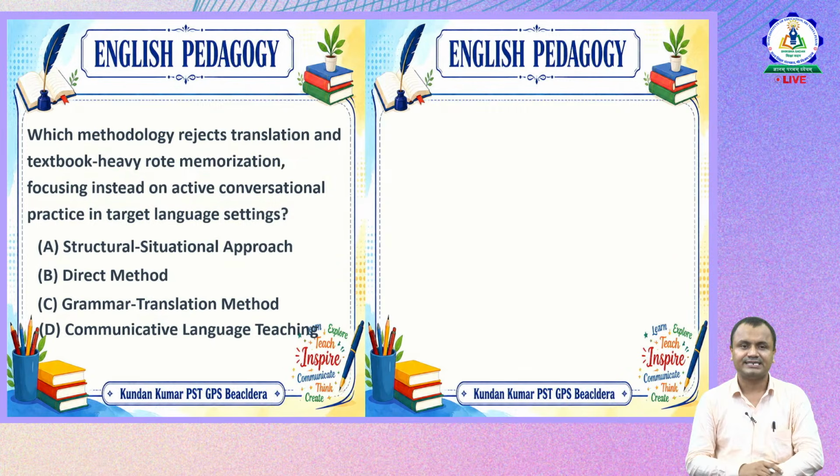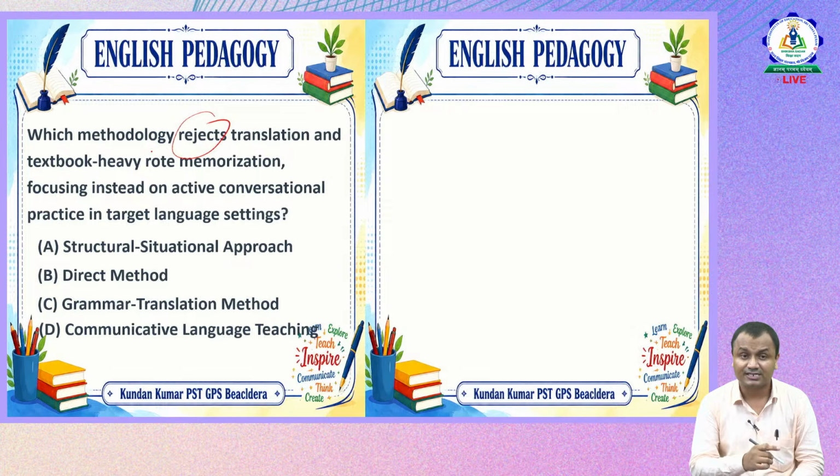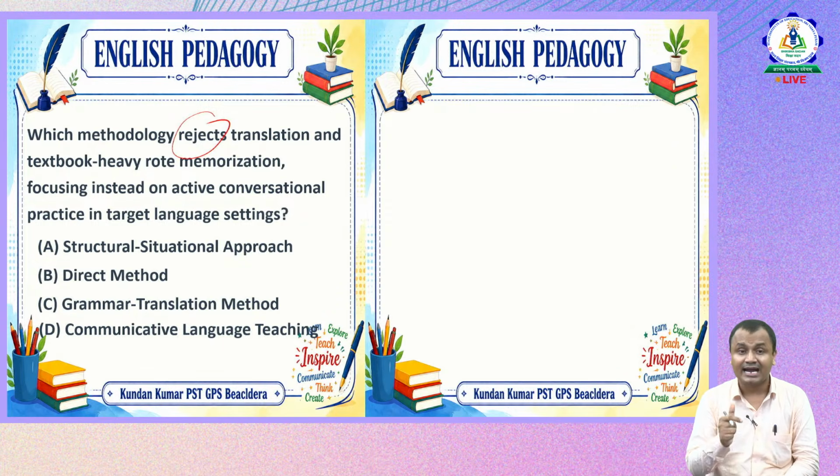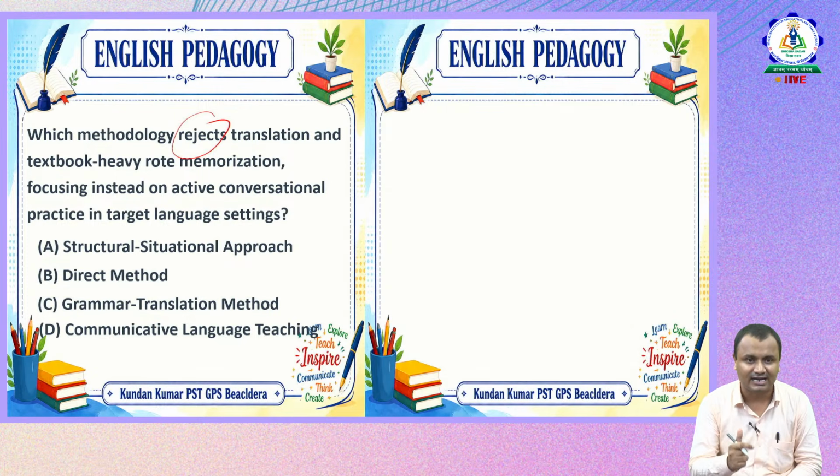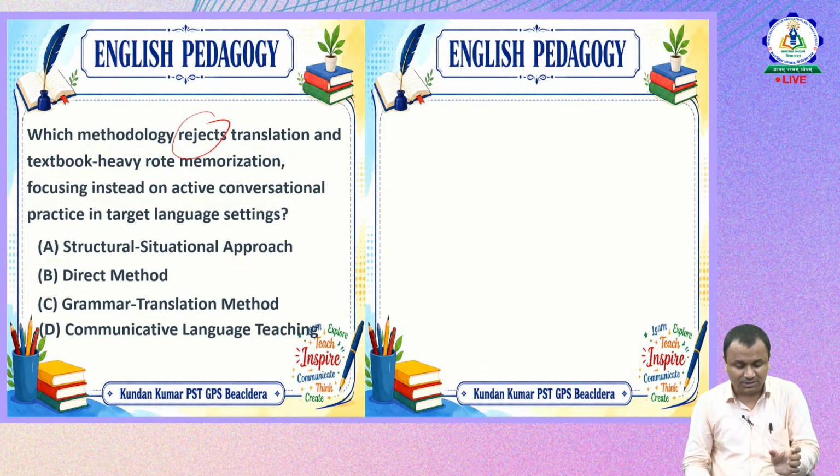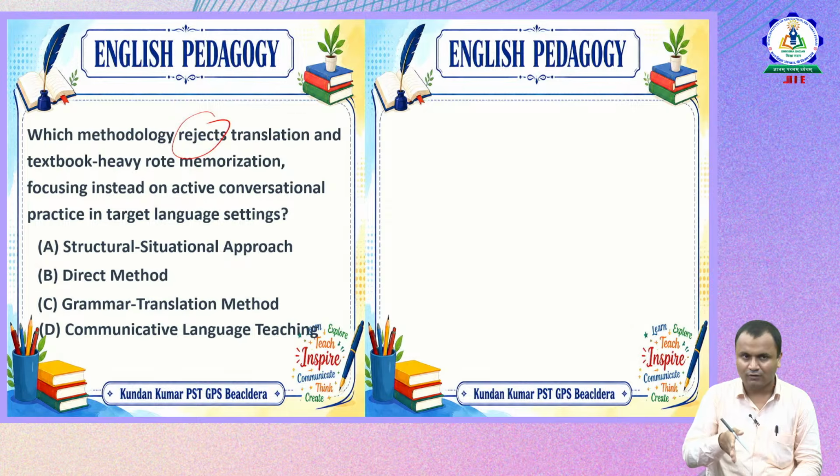Which methodology rejects the translation? Rejects, which means does not allow. Which methodology rejects translation and textbook heavy rote memorization, focusing instead on active conversational practice in the target language setting? We have to identify which methodology rejects translation and textbook memorization. We know that the textbook and translation are at the core of GTM.